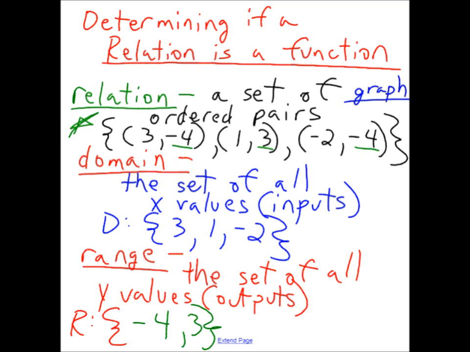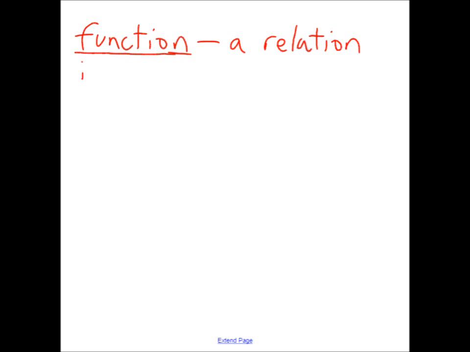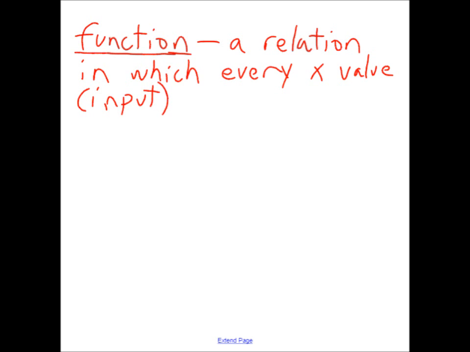Okay. Now, the key definition for today is a function. And again, please don't confuse this with function notation. A function is a relation in which every x value, remember x value could also be called an input, has exactly one y value or output.